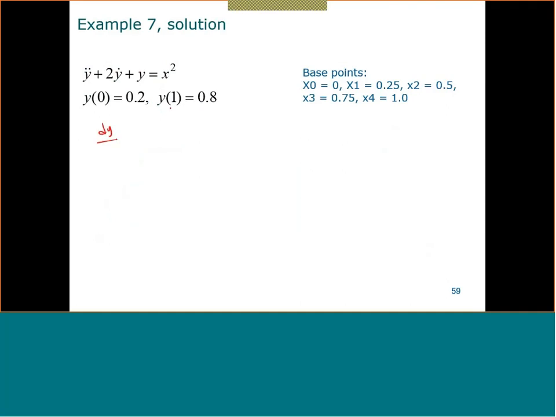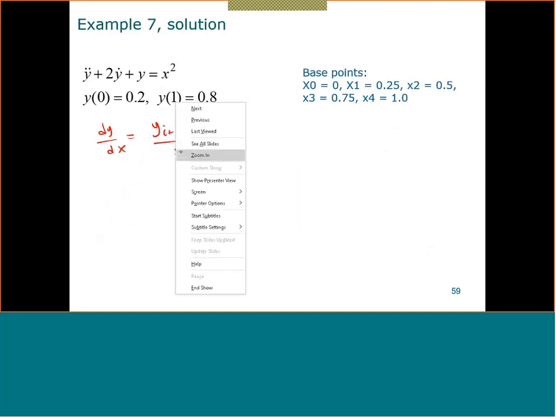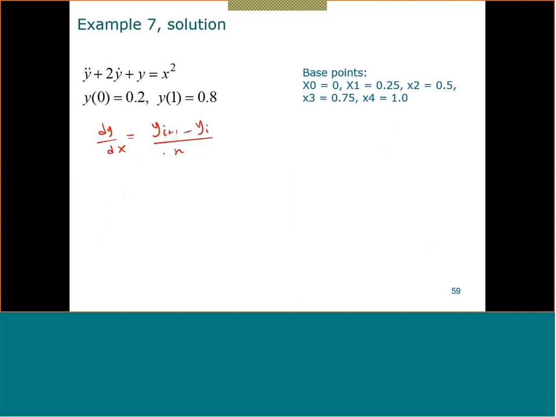Our dy by dx equals y i plus 1 minus y of i divided by h. And we have d squared y by dx squared equal to yi plus 1 minus 2yi plus yi minus 1 divided by h squared.